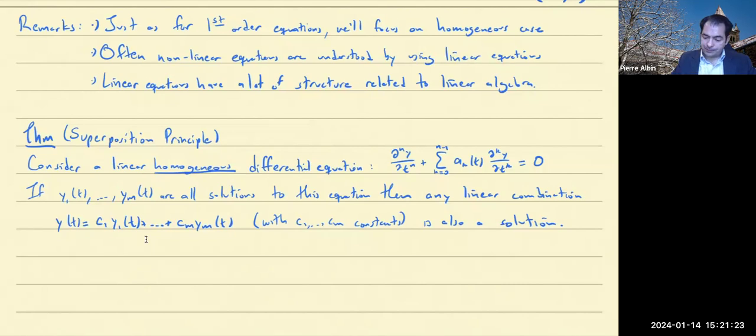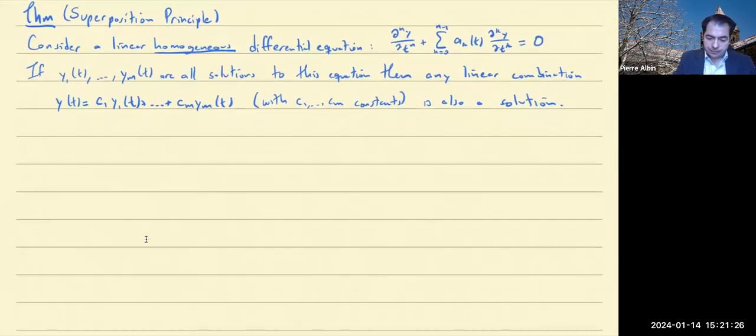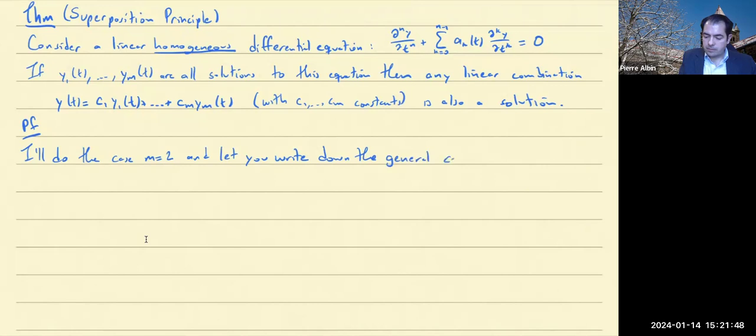Okay, so why is this true? Well, the proof is very easy. I'll do the case m equal to 2, and let you write down the general case. The general case requires no more ideas, just a lot more dot, dot, dot.